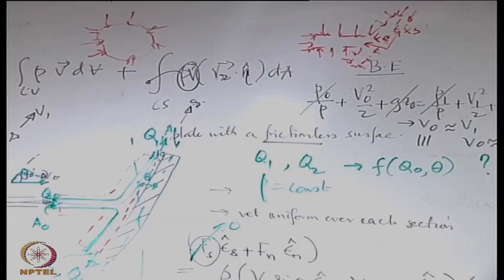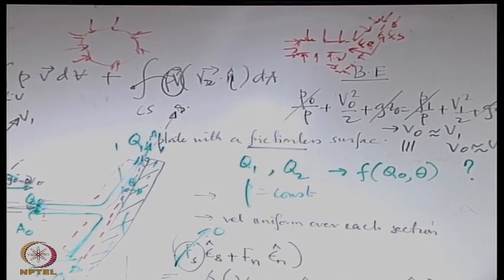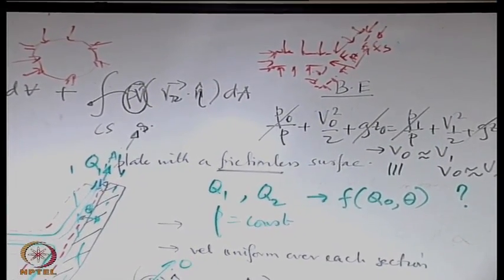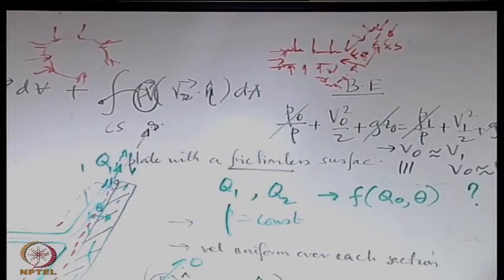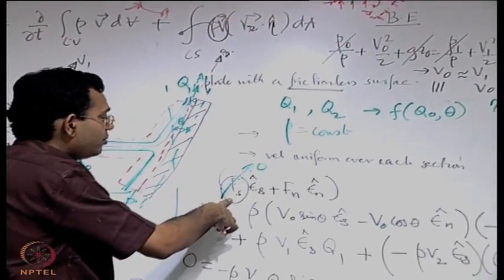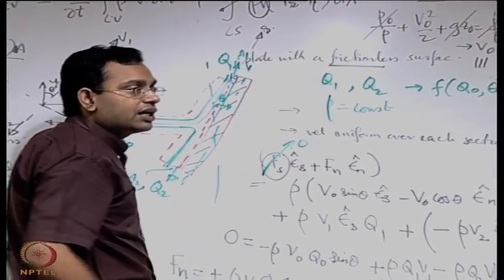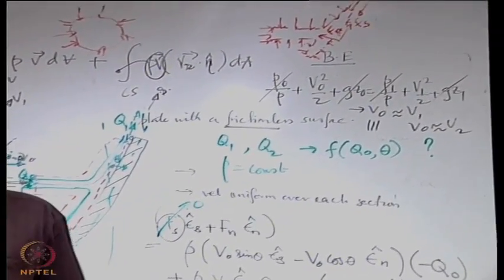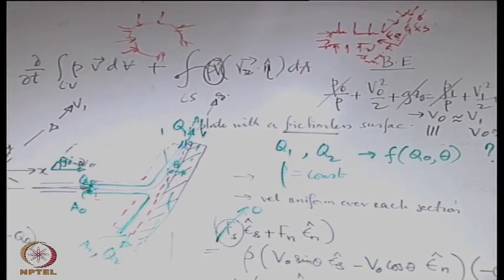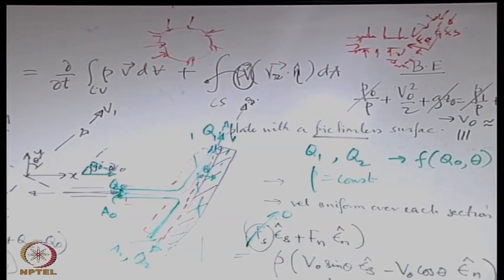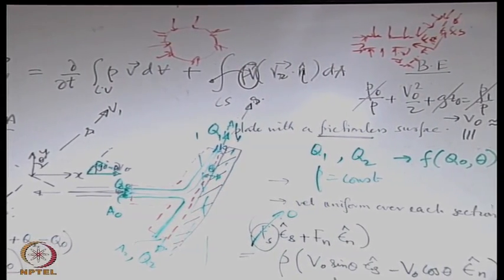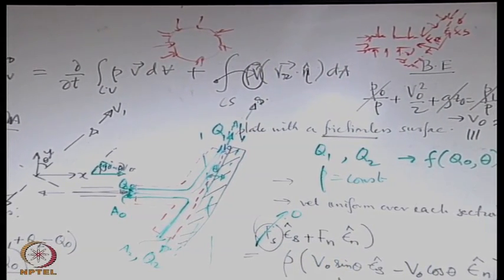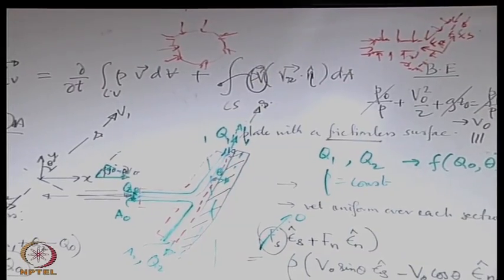Fs is 0, we have seen, and that gives a clue as to between whom and whom it is. When we said Fs equal to 0, we were thinking about an interaction between the plate and the water. So Fn also should be a consequence of interaction between the plate and the water. So it has two possibilities: force exerted by the plate on the water, or exerted by the water on the plate.